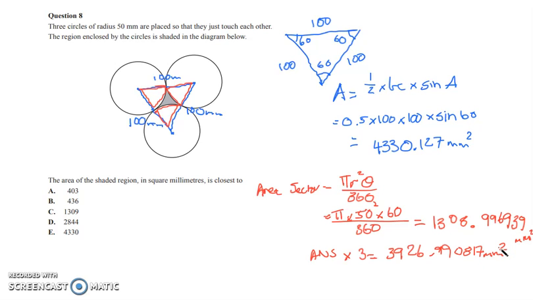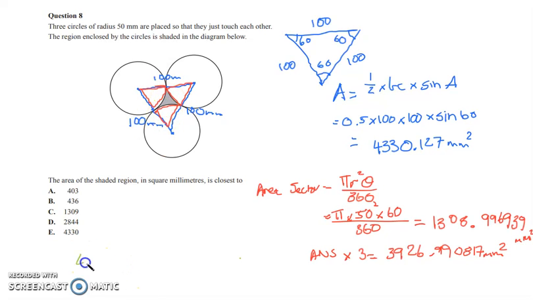We are nearly there. We have the area of the triangle, and we have the area of the combined three sectors. Now, if we take the total area of our blue triangle and remove the areas of the red three sectors, that will leave us the area of the space shaded in the diagram.